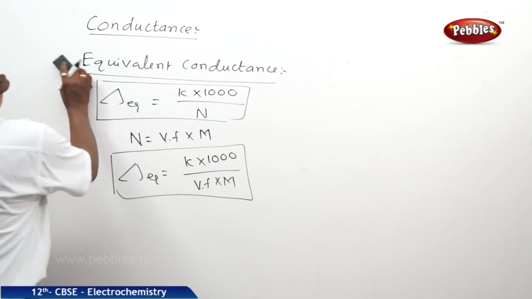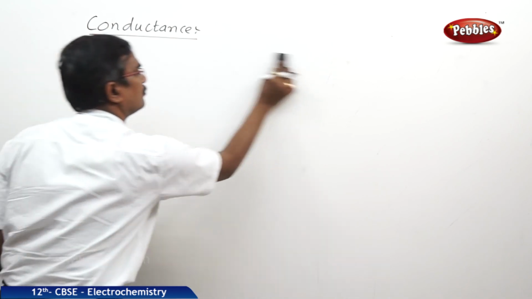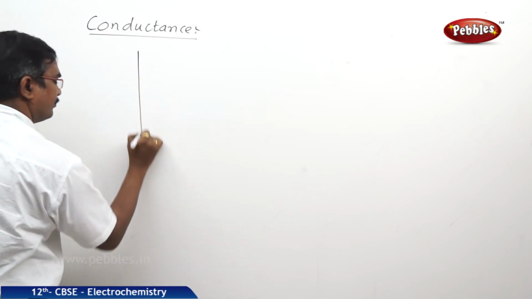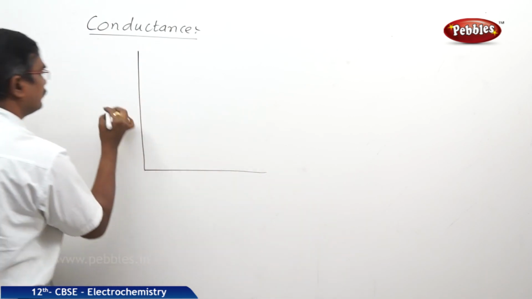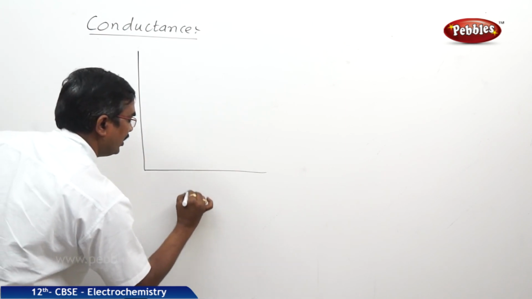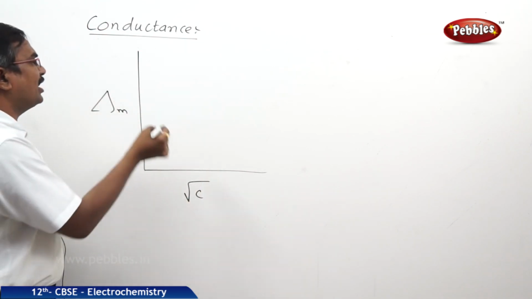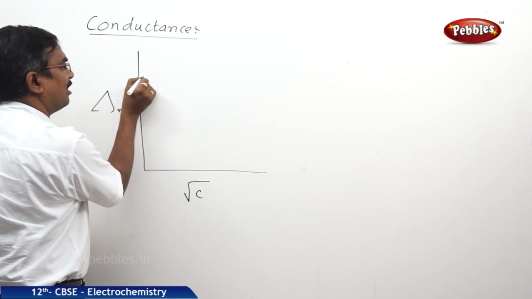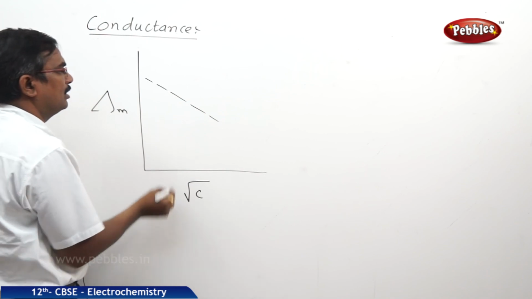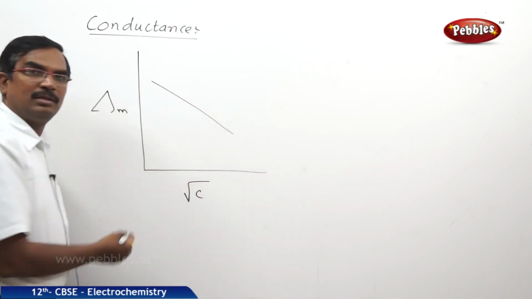Now, if we draw the graph between the molar conductance, which is lambda m, and the square root of concentration, in the case of strong electrolytes, it is observed that we will get the graph like this. Otherwise, you make it as a line here, we will get the graph like this.